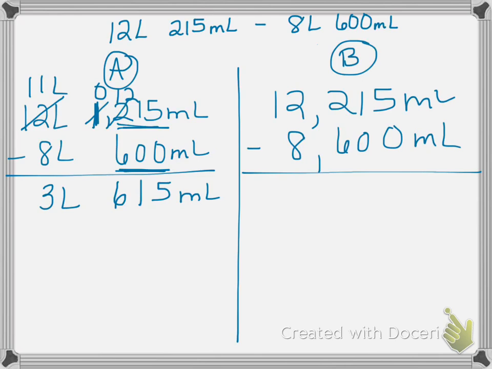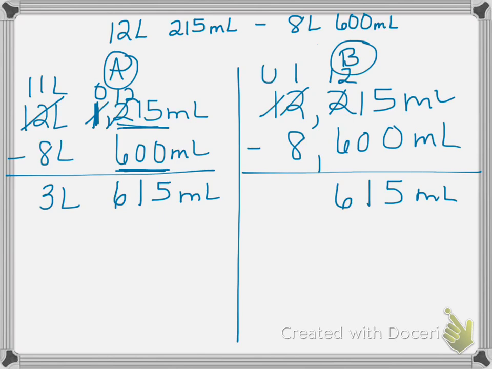Okay, coming over here to B, I'll write my units. 5 take away 0, 1 take away 0, and basically we're going to do the same thing we did over on the A side. We're going to come over here and exchange 1,000 for 1,200s. 1,200s take away 600s is 600s.